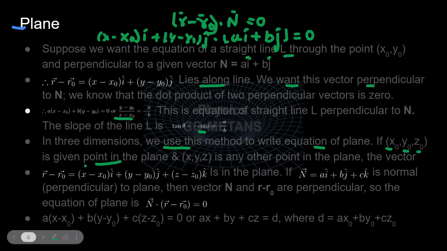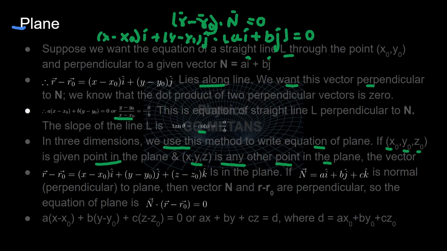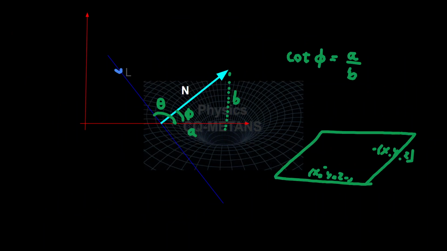Now x, y, z is another point in the plane. So there is another point over here whose coordinates are x, y and z. The line joining these two points gives me r minus r naught, where r naught is the first point and r is the second.